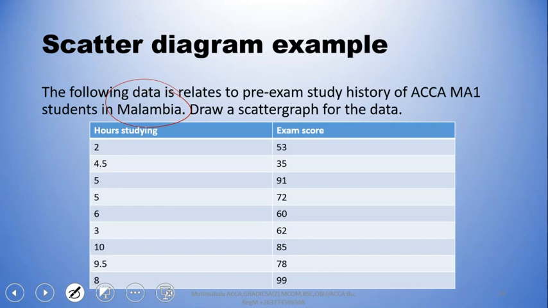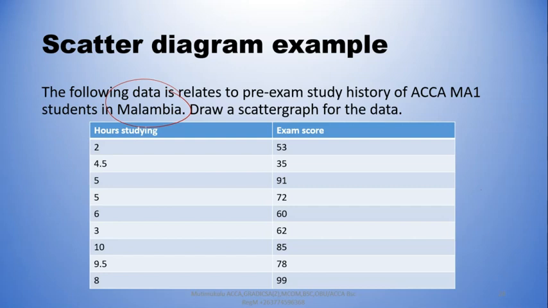Okay, so from the information, you can see that these hours of study are actually independent. Whether you are going to study or not, these hours are not dependent on your score. But the score which you are going to get out of an exam is actually dependent on the work you have done. So you can see that the exam score is dependent upon the study effort.